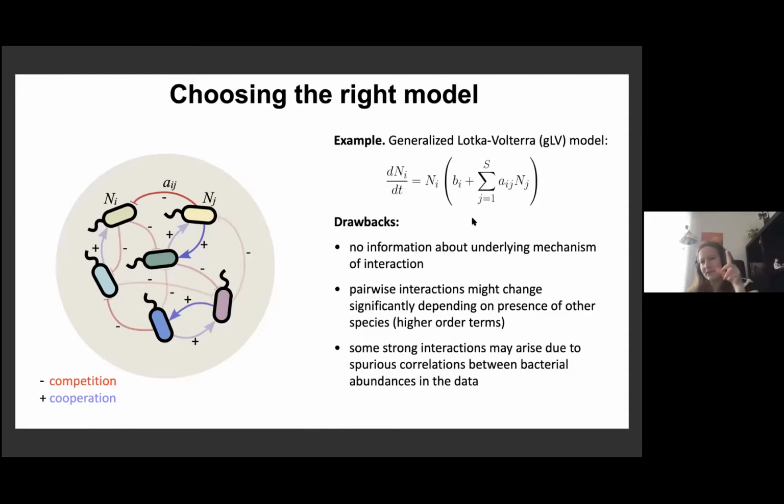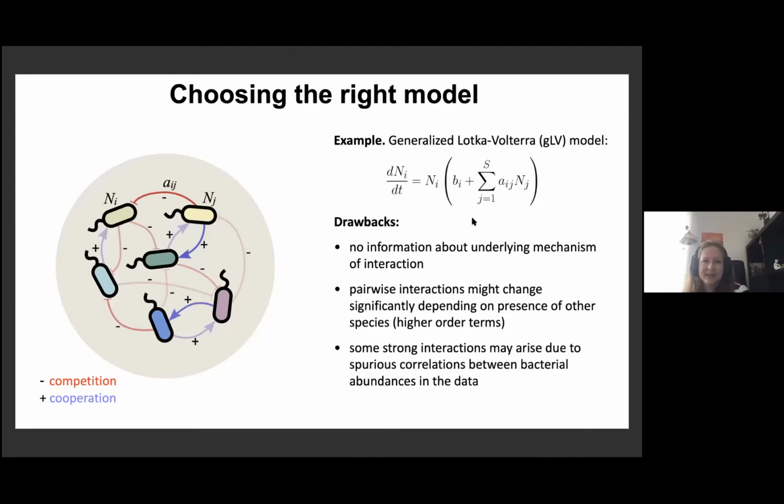And this is another very popular model that we're not really touching in this consumer resource stuff, but I would say it's like 50-50 between Lotka-Volterra models and consumer resource models in my subfield at least.